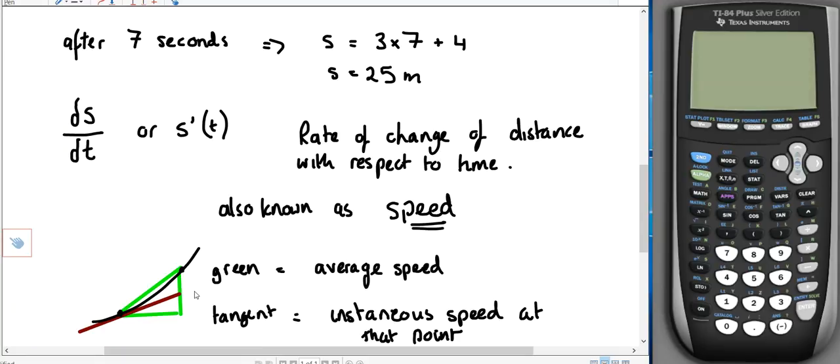So it's the difference between the average speed between two points and the instantaneous speed. Now, if I'm given the function, I just have to work out the differential, just like you've been doing all along, exactly the same rules. It's just how we're interpreting it now.